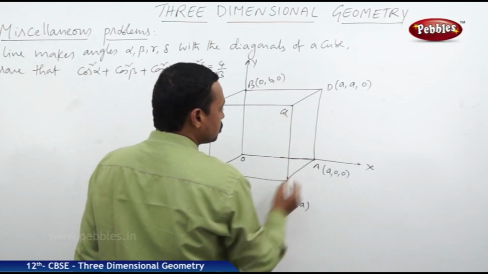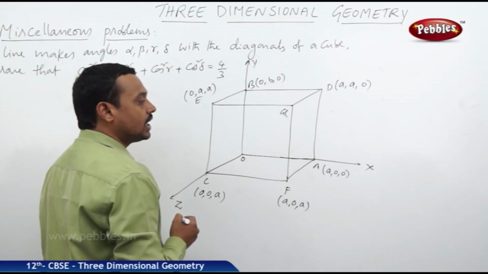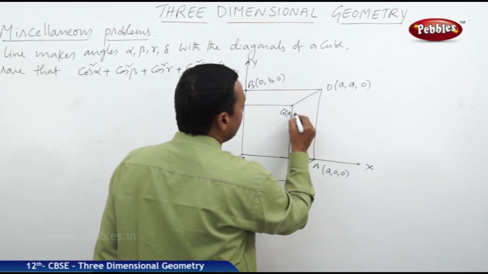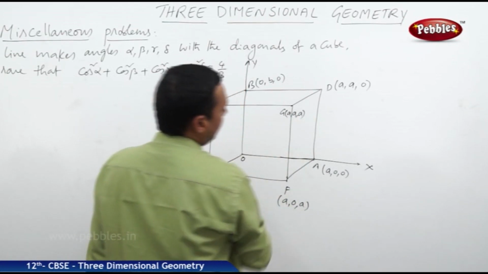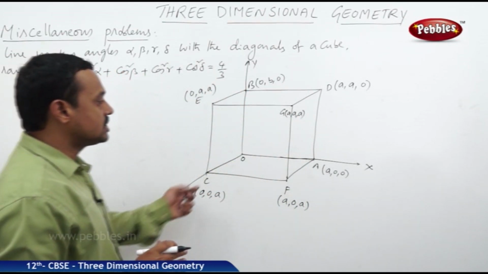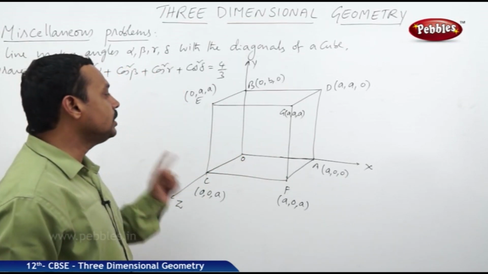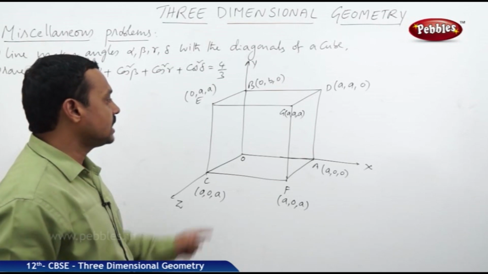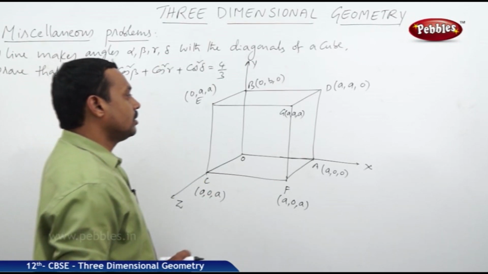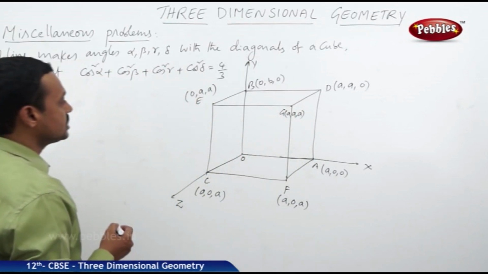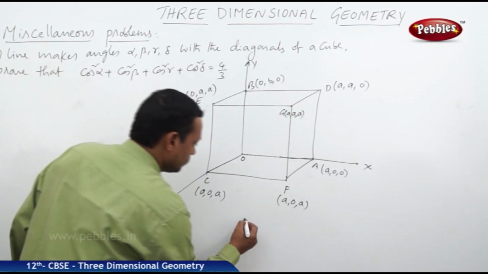So with reference to all these three coordinate planes, the coordinates of G are (A, A, A). Now this is the description of a cube. Now in this cube, let us see the diagonals. One diagonal is OG.